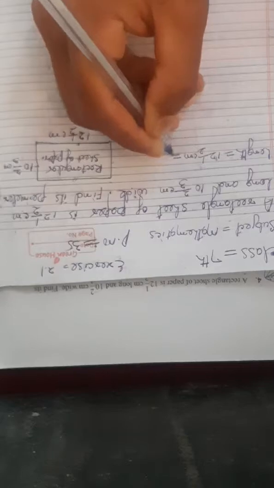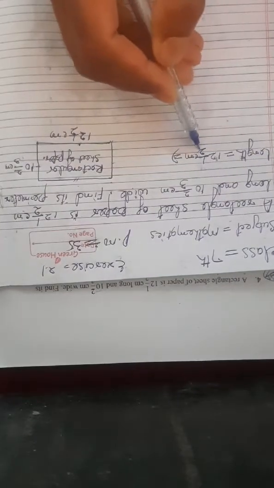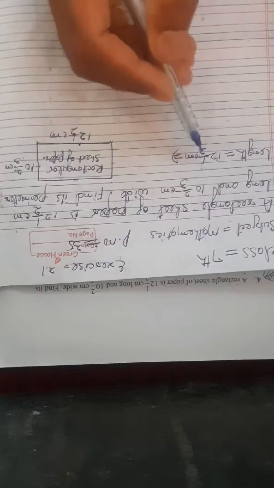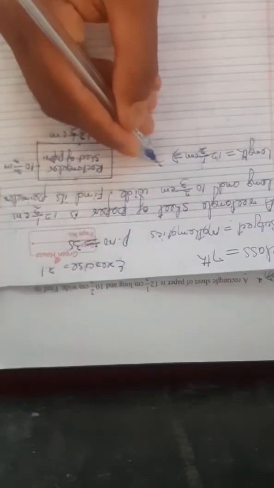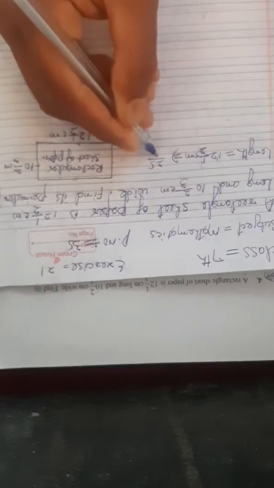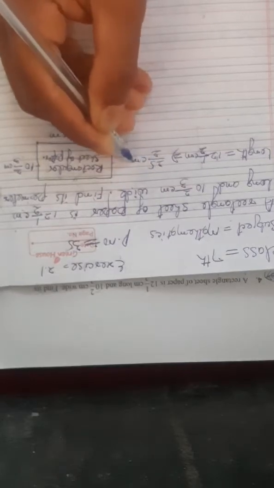If we convert this mixed fraction, how will we convert? We have to first multiply this 2 by 12 and add 1. 12 2s are 24, 1 added is 25, divided by 2 centimeter. This becomes an improper fraction.